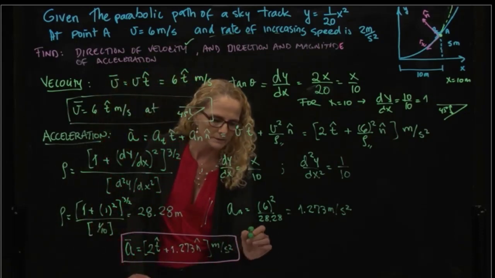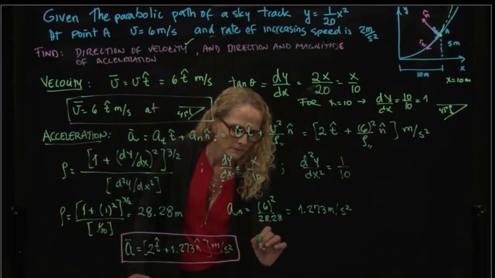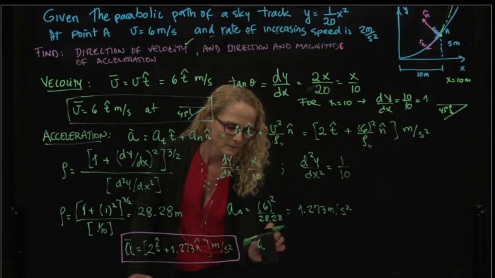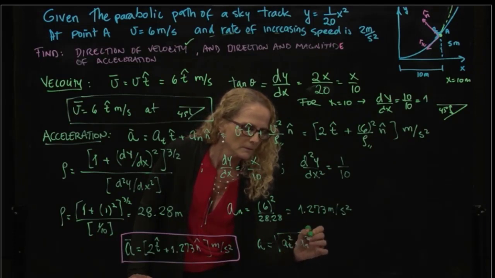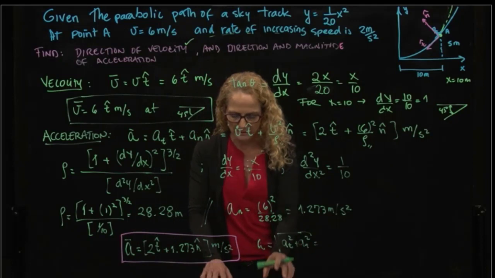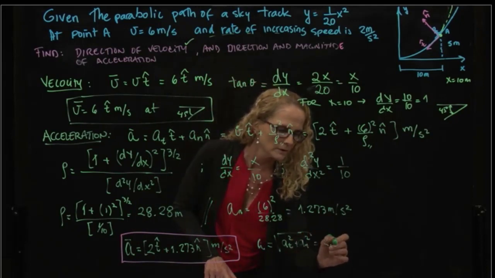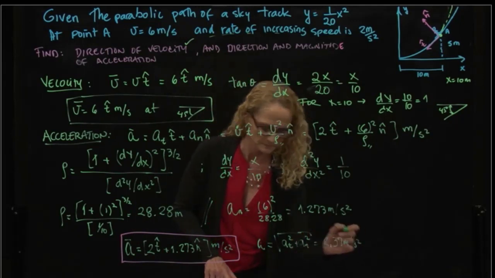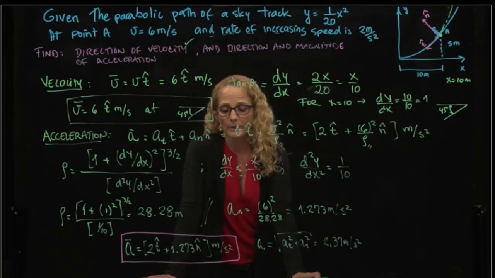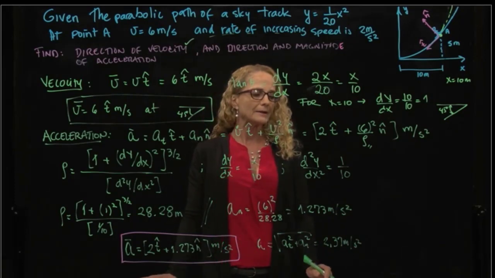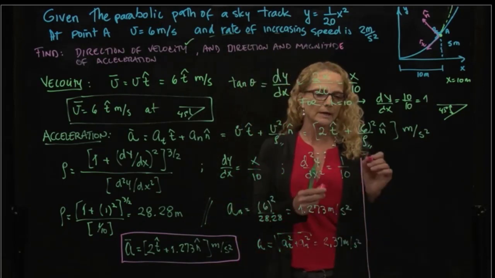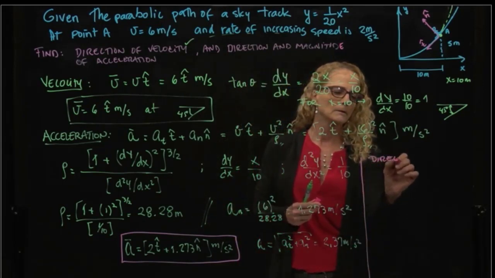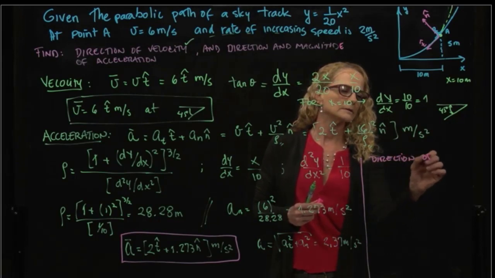The acceleration as a magnitude, as we know, is the square root of every component squared, and that equals 2.37 meters per second squared. And what we are left to find is the direction. So let me get myself a little bit of space right here. So the direction of acceleration.